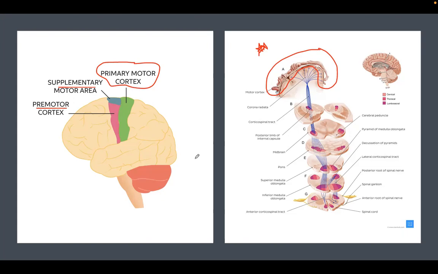Okay, so let's dissect this pathway. The premotor cortex, this is BA6, that stands for Brodmann Area 6. So please know this by heart. Remember this.